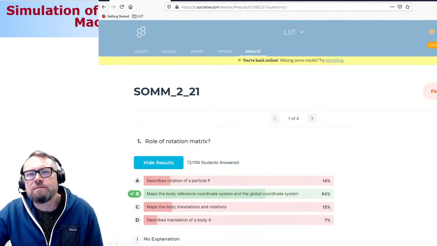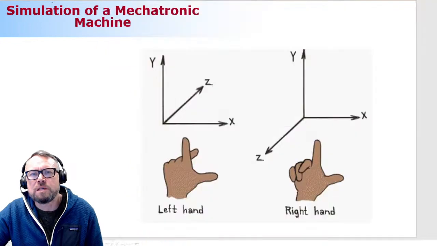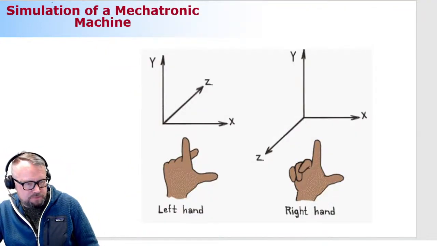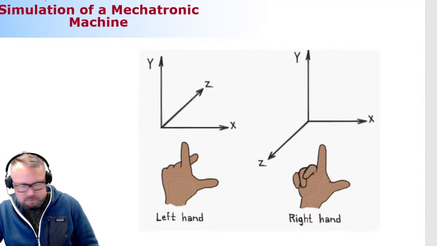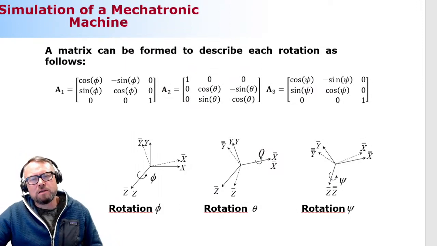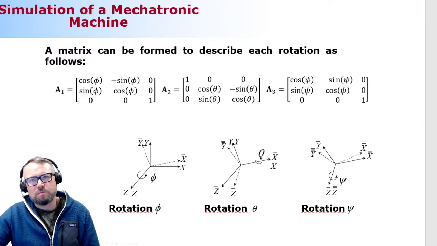Okay, so let me take it off. And let me go back to my PowerPoint presentation. Okay, so how does the mathematics behind these Euler angles go? Well, like I said, you can describe these individual rotations by using a 3x3 rotation matrix.